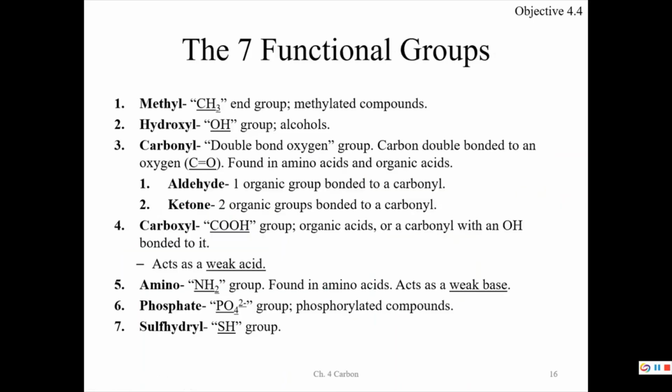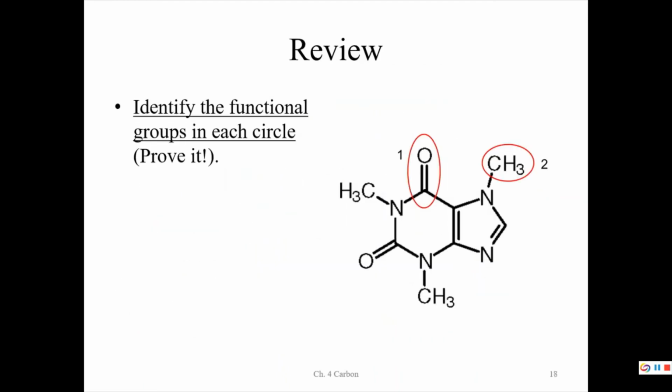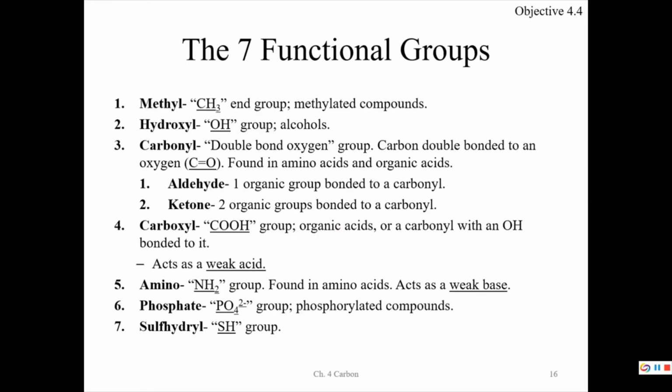Okay. So this will be the last thing we do, and this is purely memorization. You will have to go through these. I will hit about three of these on the exam, so you definitely need to know them. A few things I always ask is what they might be involved in, what they might be in. So methyl group, CH3, they are on methylated compounds.